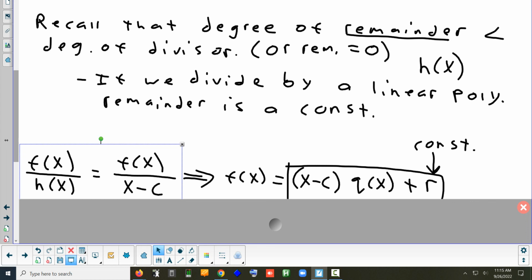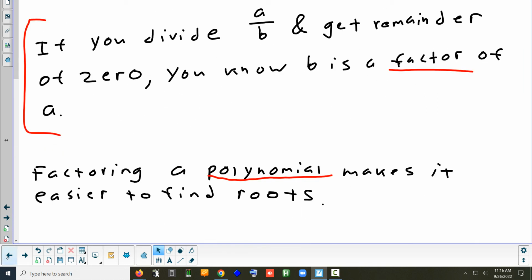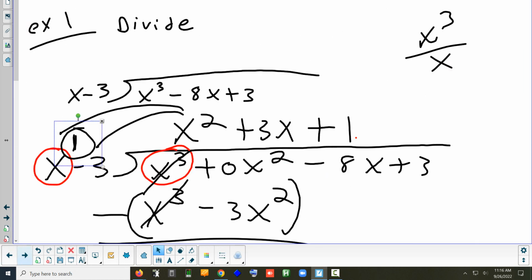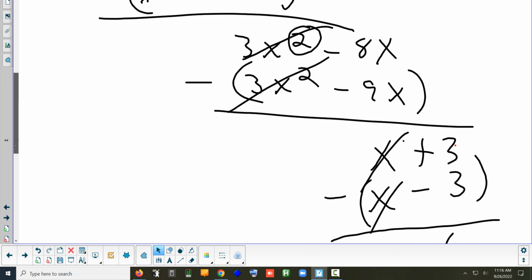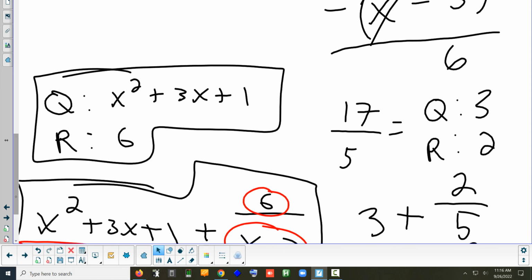I divide by like x minus 3 or x plus 6 or x minus 7, like we did in the very first problem. X minus 3 is an example of dividing by something linear, and you ended up with a constant for your remainder.